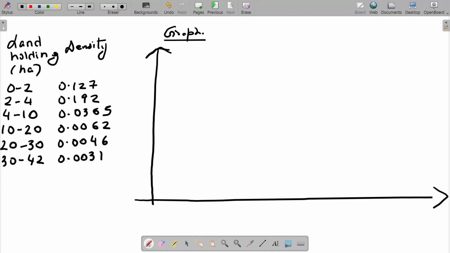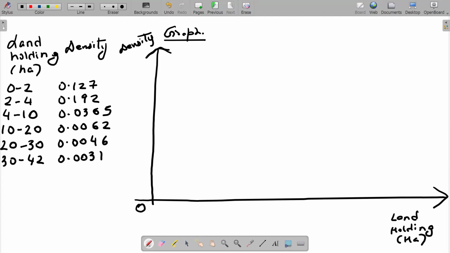This is my origin. On the horizontal axis, we have land holdings, and on the vertical axis, we have density. The scale for land holdings, we move from 0 to 42. That means I can take a common scale.